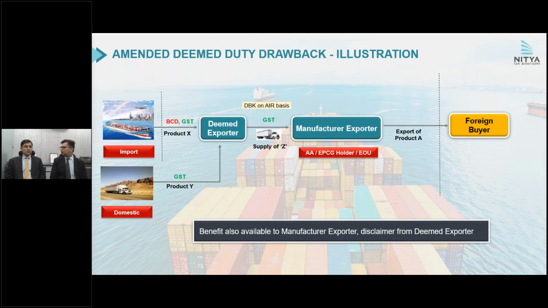So Puneet, in this regard, any ideas on how this amendment is crucial and can be implemented by manufacturer exporters or deemed exporters? Yes, Deepak, indeed, it's a very important amendment. There were certain deemed exporters who found going through the advance authorization route cumbersome. Similarly, claiming brand rate of drawback was not that simple.